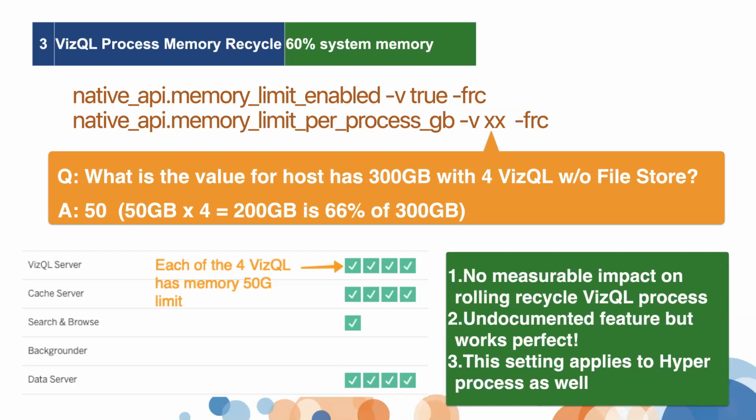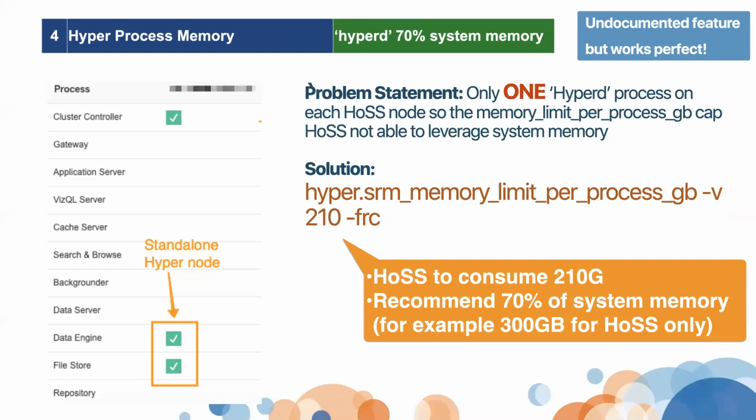That's a challenge that I also had last year, but here's good news. That becomes my next setting, number 4, the Hyper process memory. The previous setting applies to both the VizQL process and the Hyper process.